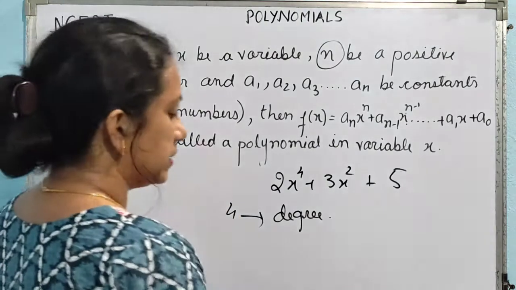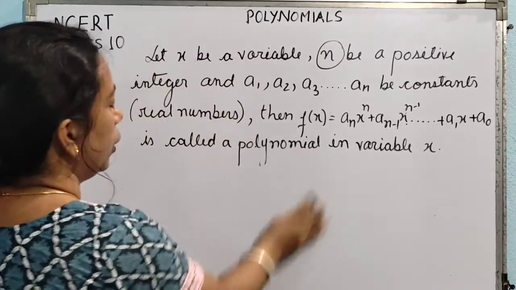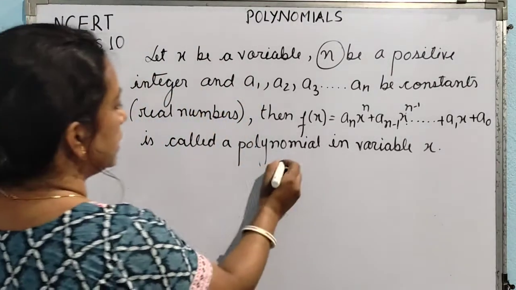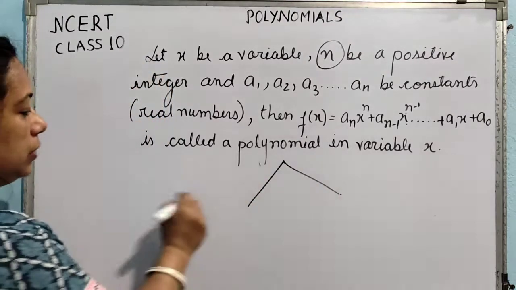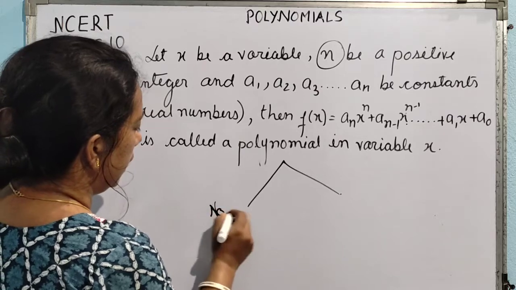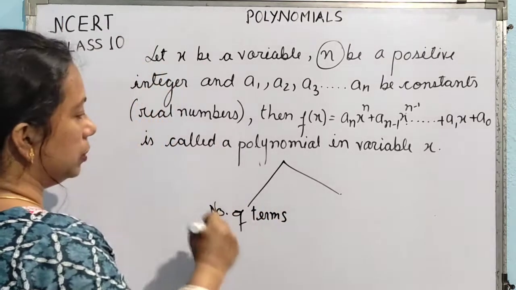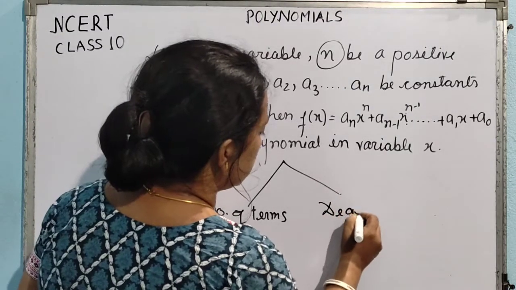Now coming to the next concept, how we can classify polynomials. They can be classified according to the number of terms, and according to the degree of the polynomial.